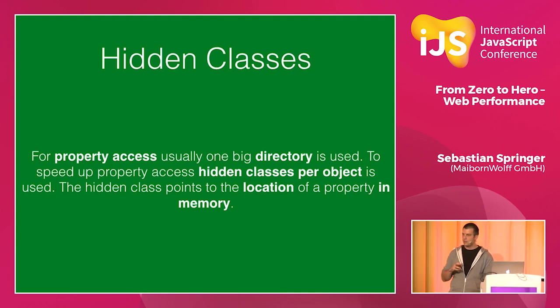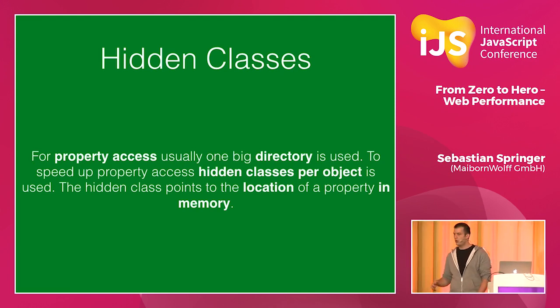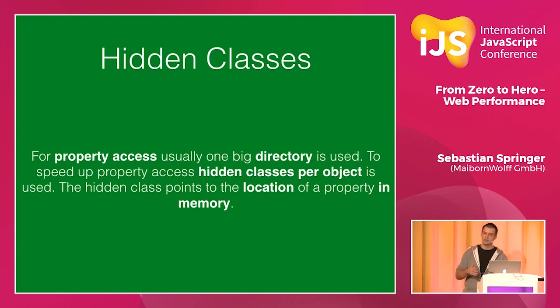They keep a big dictionary of where the properties are stored in memory, which is good, but not for 4 to 8 gigabytes of JavaScript objects. So the V8 engine maintains a smaller dictionary per object of where to locate the single properties in memory. This is called a hidden class.